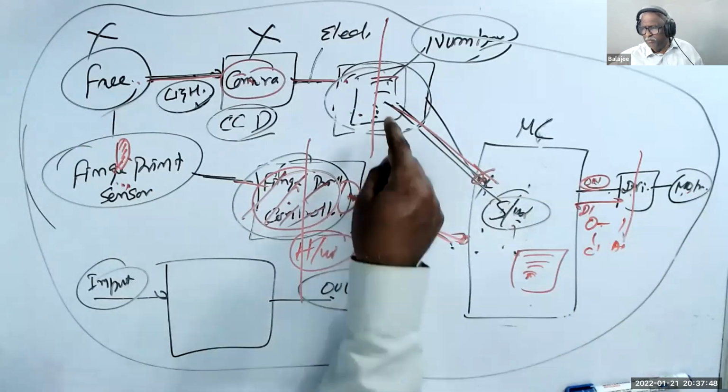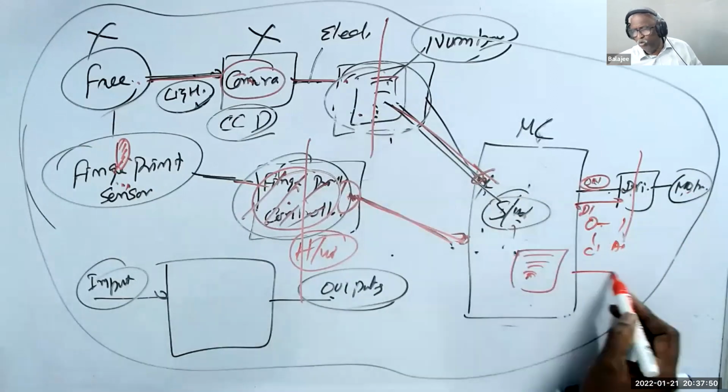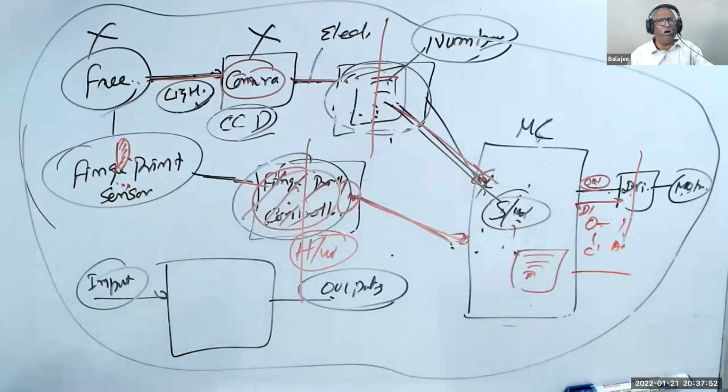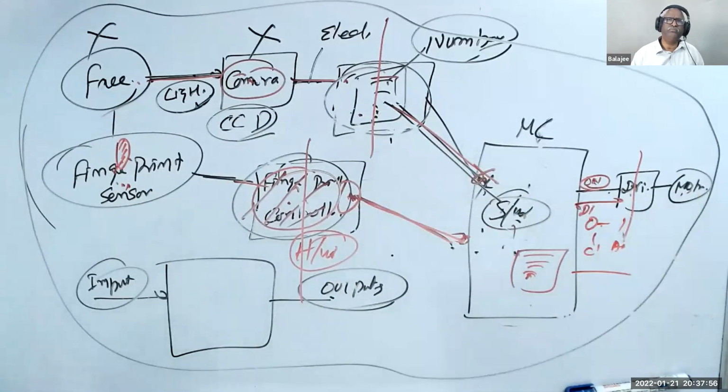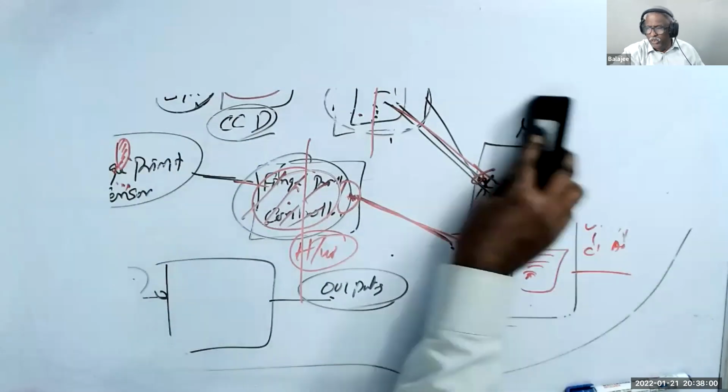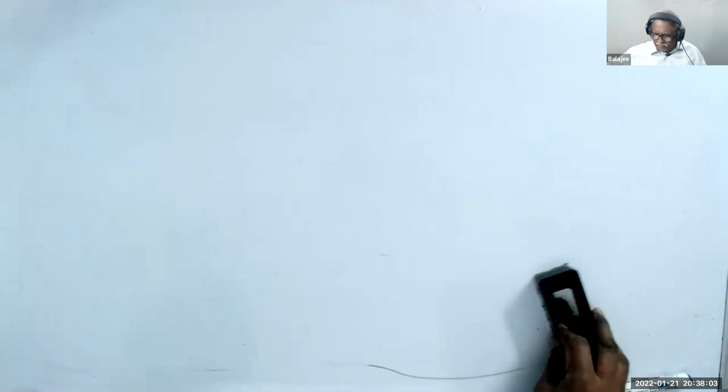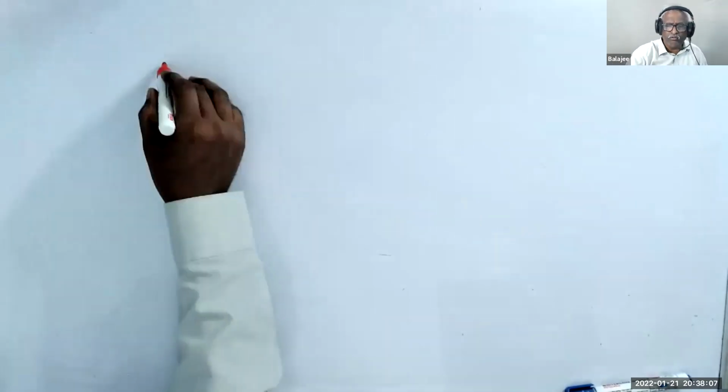The face data coming here can be transmitted outside through Wi-Fi or Ethernet, or I can take some decision. So what today's world is like is this. One is functionality.